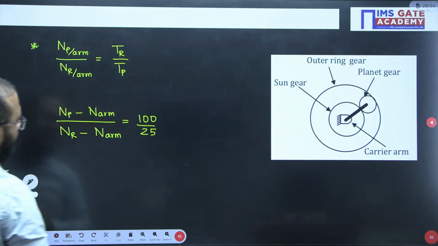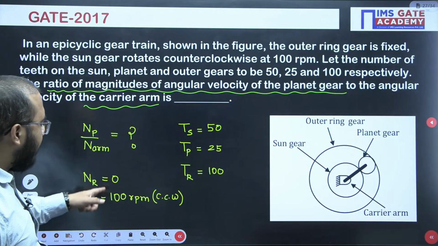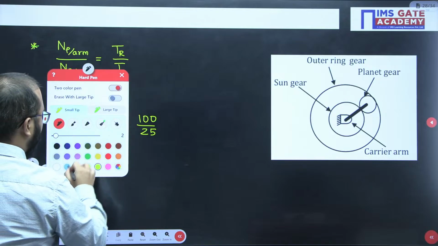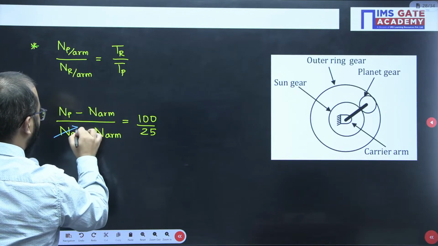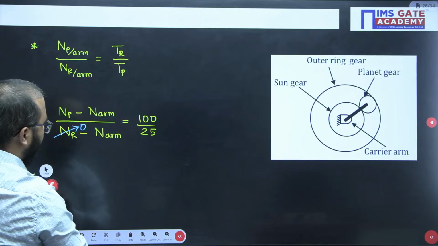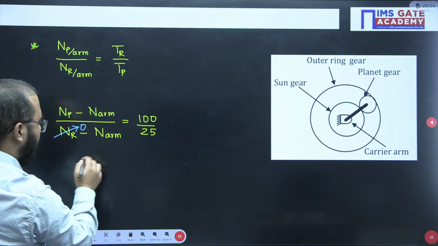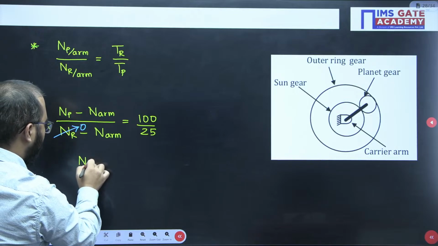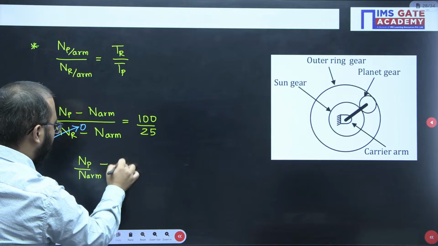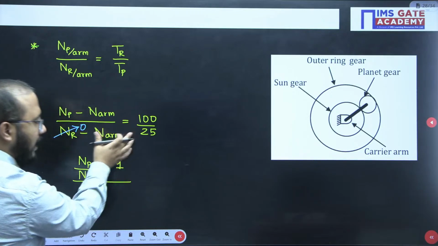Fine. Now it is given that NR value is 0. So now what can we write here? Let us take N arm common. From the numerator and denominator, I am taking the speed of rotation of the arm common.